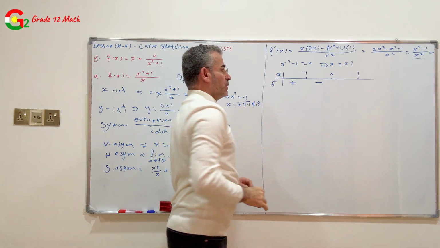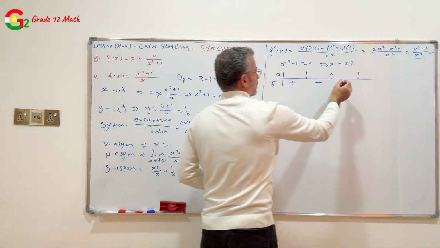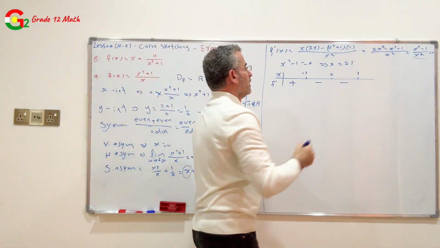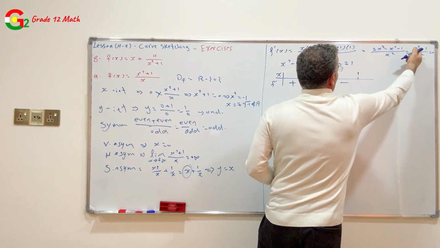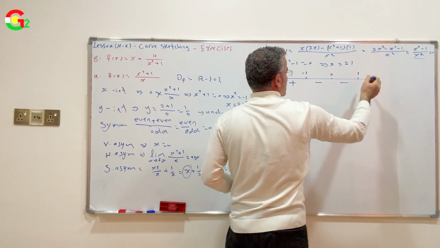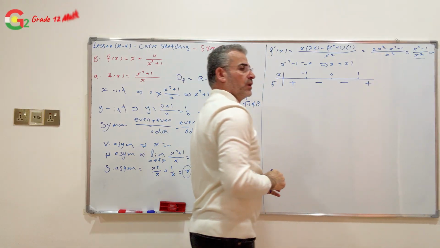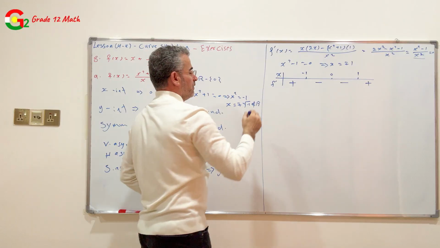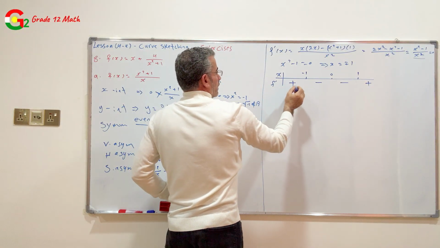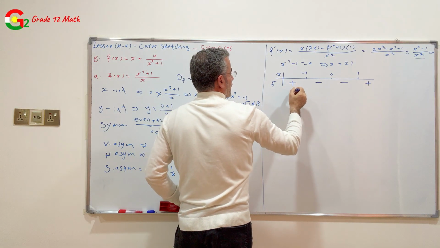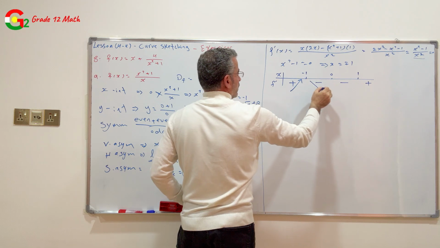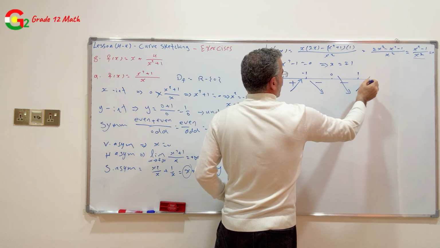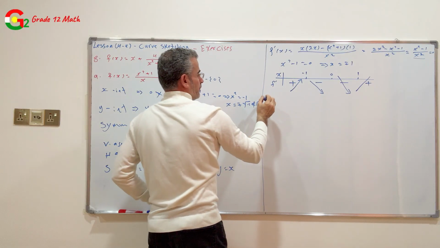Between 0 and 1, also the first derivative is negative. For x greater than 1, take 2, 2 power 2, 4 minus 1 is positive value. Therefore, the function is increasing from 1 to positive infinity. x equals negative 1 is a local maximum value. x equals 1 is a local minimum value.